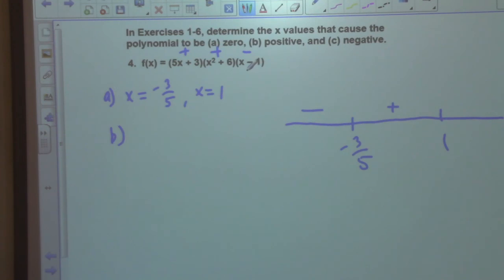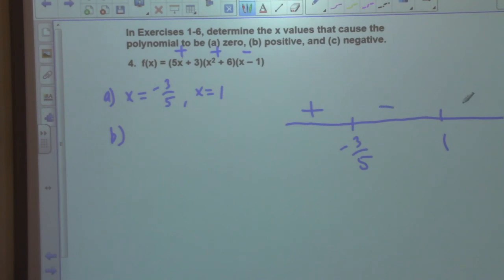Something is wrong here. Positive, positive. To the left here, it's going to be positive. That'll be negative, negative, negative. Okay, so this has to be positive here, right? Then you change signs here. So this will still be negative, but this would be positive here.